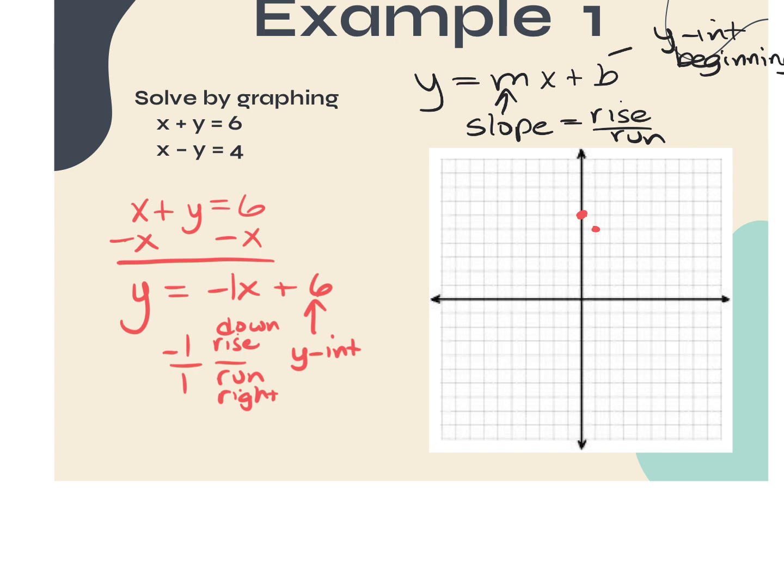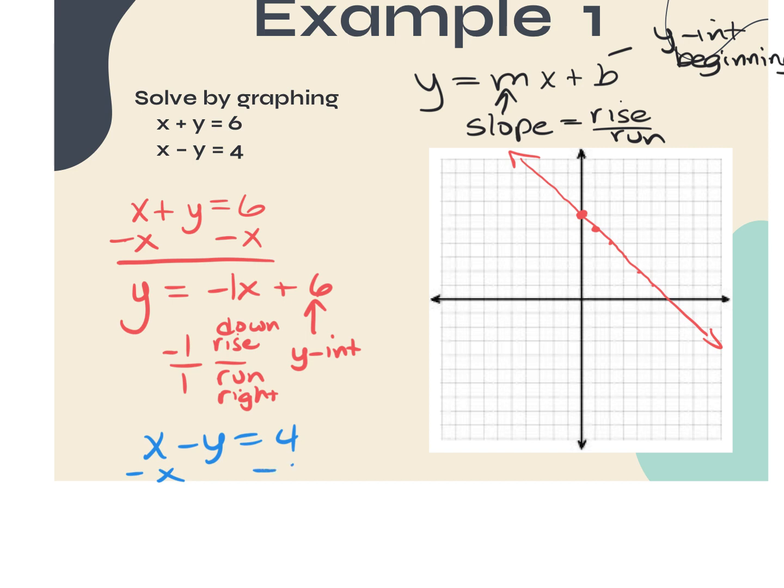Now, because you guys are doing this in Notability, you could actually just hold down your stylus and you could get a nice straight line. I'm going to go ahead and connect my points. And this is the graph of that first equation. I'm now going to graph the second equation in blue. X minus y equals 4.